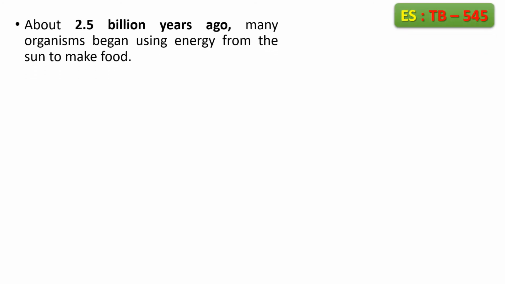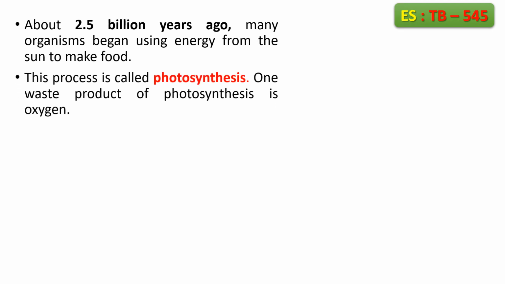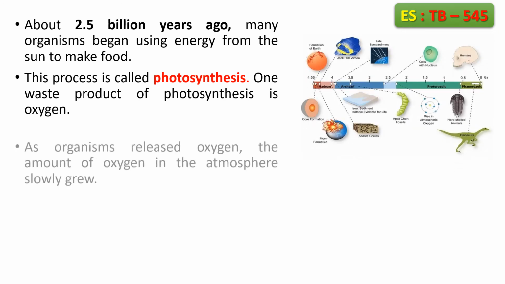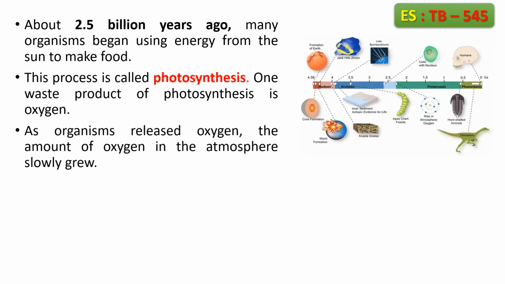About 2.5 billion years ago, many organisms began using energy from the sun to make food. This process is called photosynthesis. One waste product of photosynthesis is oxygen. As organisms released oxygen, the amount of oxygen in the atmosphere slowly grew.